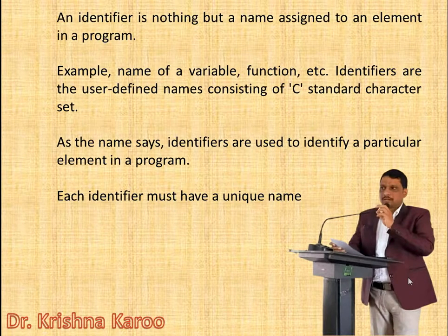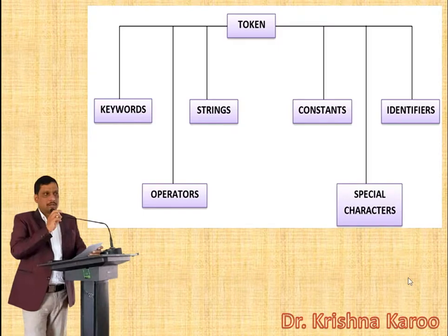Again we will go back to the diagram that we have discussed. Tokens are the collection of keywords, strings, constants, identifiers, operators and special characters, and every single word in a C program is a token. It should be either an identifier or a keyword.